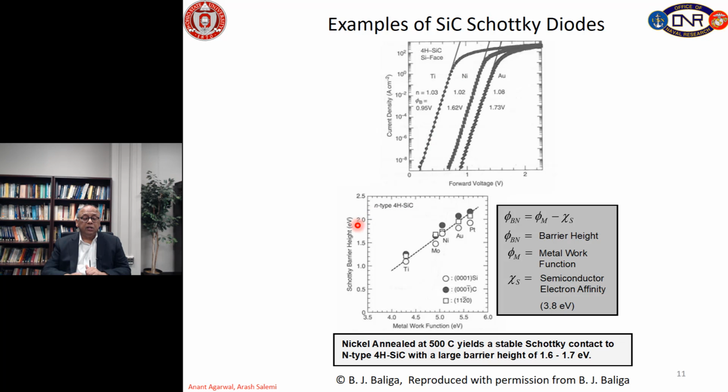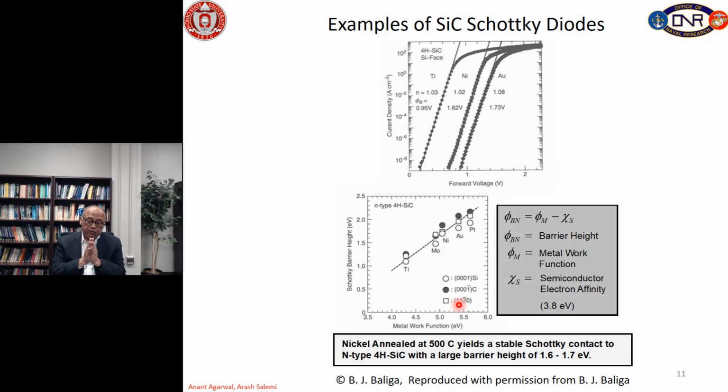And here we show that the barrier height as measured electrically tracks with the metal work function. The higher the metal work function, higher is the barrier height, and that happens to be true for silicon and silicon carbide. But it's not always true.